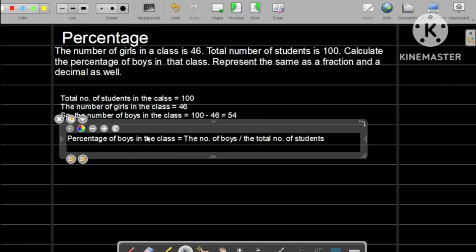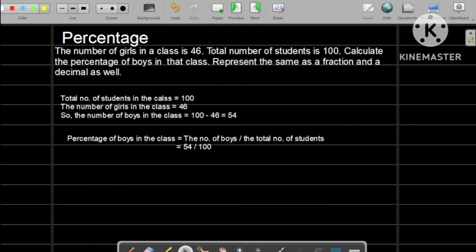That is equal to, how much is it? 54 is the total number of boys, right? Divided by total number of students is 100. So that's it. Now this 54 by 100, 54%. As simple as that. Now what else has been asked for?